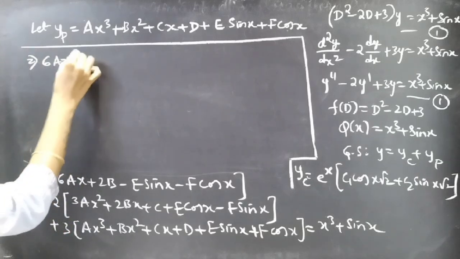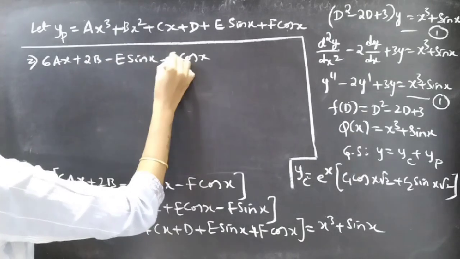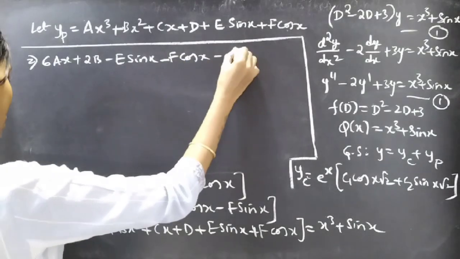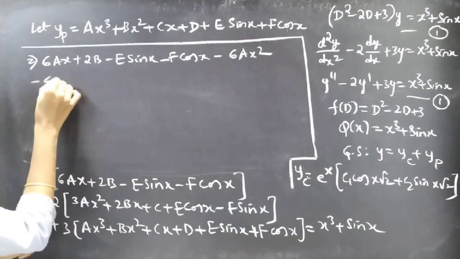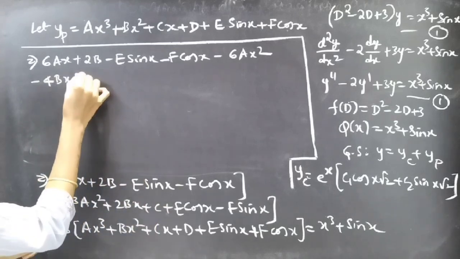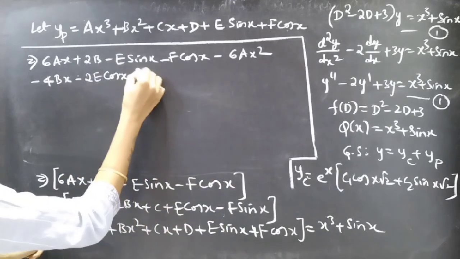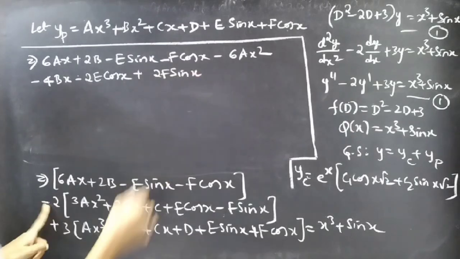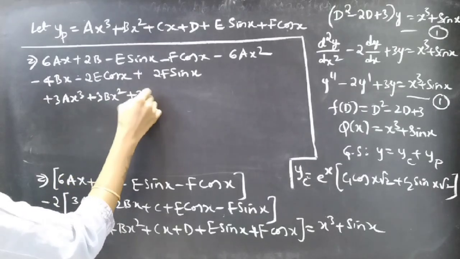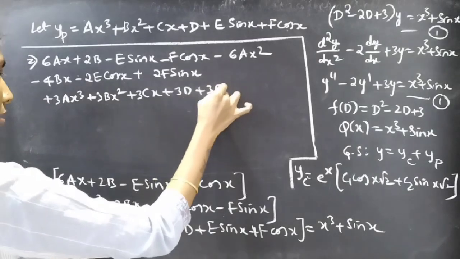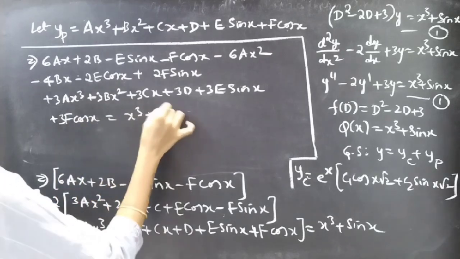You'll get 6ax plus 2b minus e sin x minus f cos x, minus 2 times 3ax square, which is minus 6ax square, minus 2 times 2bx, which is minus 4bx, minus 2c, minus 2e cos x, plus 2f sin x, plus 3ax cube plus 3bx square plus 3cx plus 3d plus 3e sin x plus 3f cos x equal to the RHS part, x cube plus sin x.